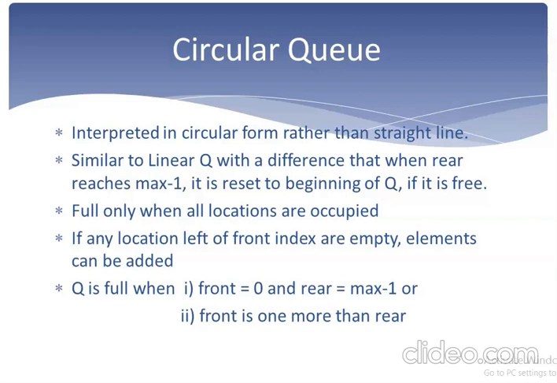To solve this problem, we are making use of these empty spaces to the left of the front pointer, so that after reaching the end of the list, that is rear as max minus 1, we have to reset that rear pointer to 0, or beginning of the list, so that we can utilize the vacant spaces in front of the queue.